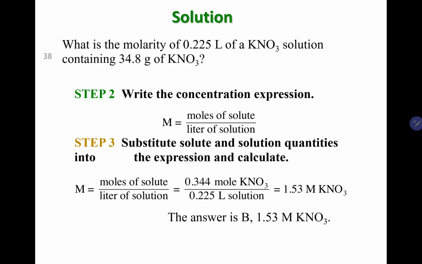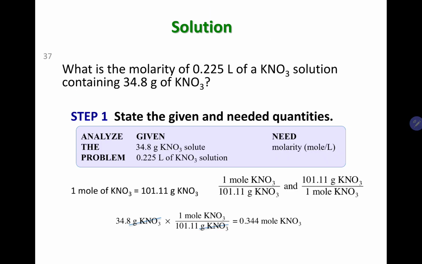I forgot to divide the number of moles by the volume. The number of moles is 0.344, but the concentration is actually what you get once you divide that by 0.225, which is 1.53.